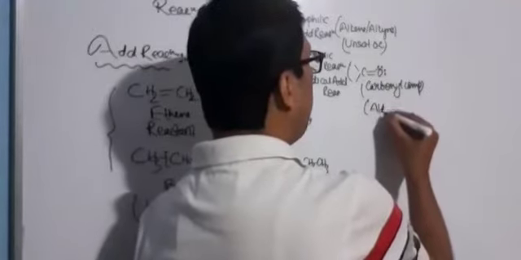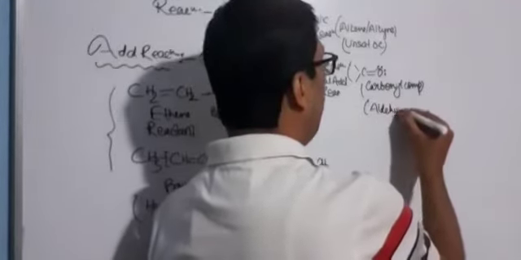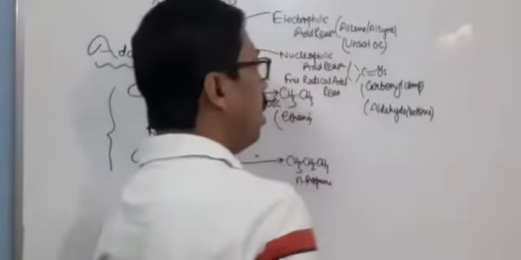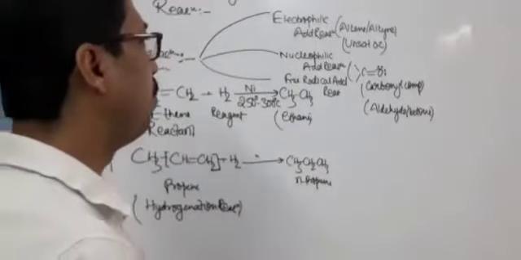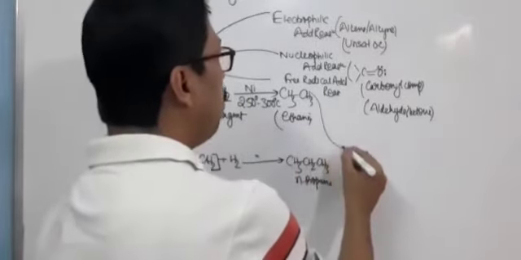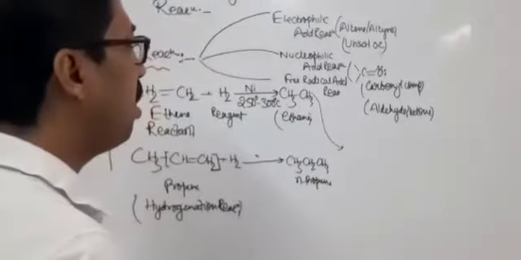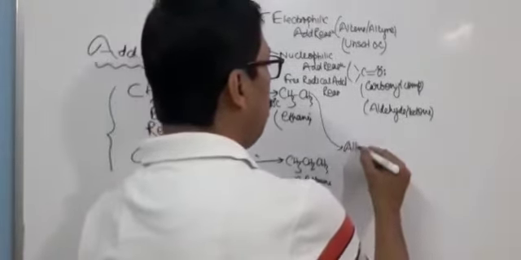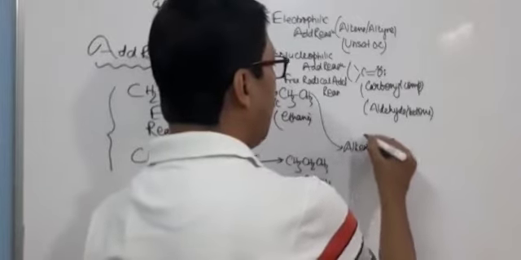There are many known carbonyl compounds, of which two are most important, which are aldehyde and ketone. And the last one, free radical addition reaction. This type of addition reaction is shown by alkenes.